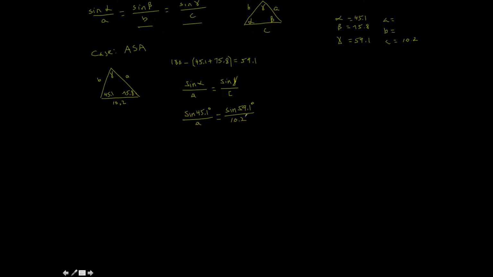Alright, so word of advice. When you get ready to cross multiply and divide to solve for A, do not round until the end. So when you type this in the calculator, watch how you need to type this in the calculator, kind of like I'm writing it here. 10.2 times the sine of 45.1, all over the sine of 59.1.